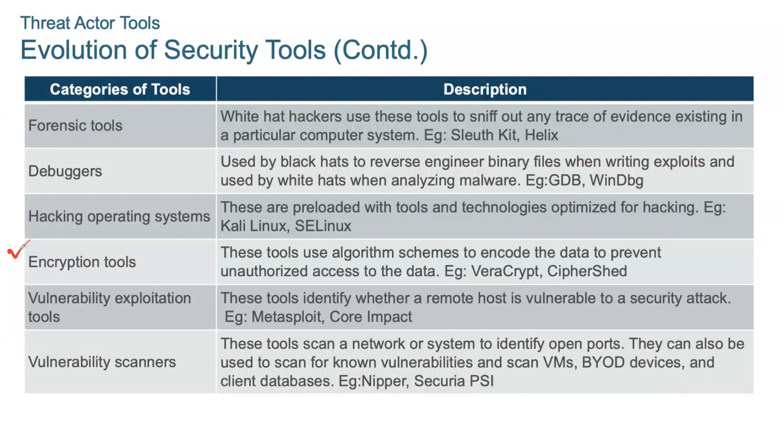Encryption tools convert plain text into ciphertext. They safeguard the content of your organization's data when it is stored or transmitted. The important tools for encrypting plain text into ciphertext are VeraCrypt and CipherShed. These are inbuilt tools of Kali Linux.